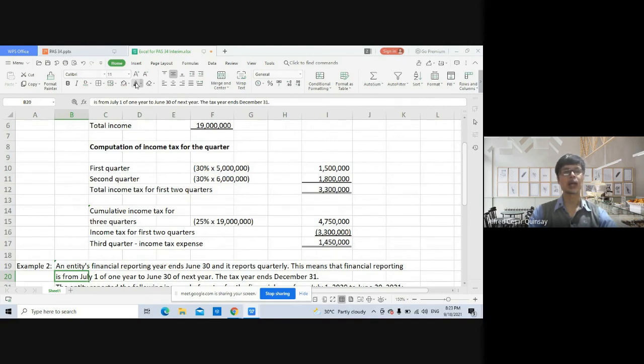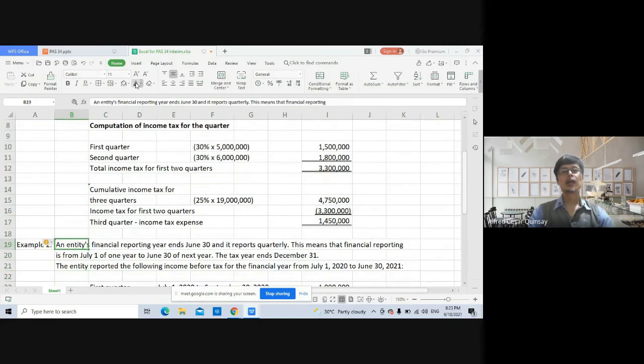Number two, an entity's financial reporting year ends June 30 and it reports quarterly. This means that financial reporting is from July 1 of one year to June 30 the following year.